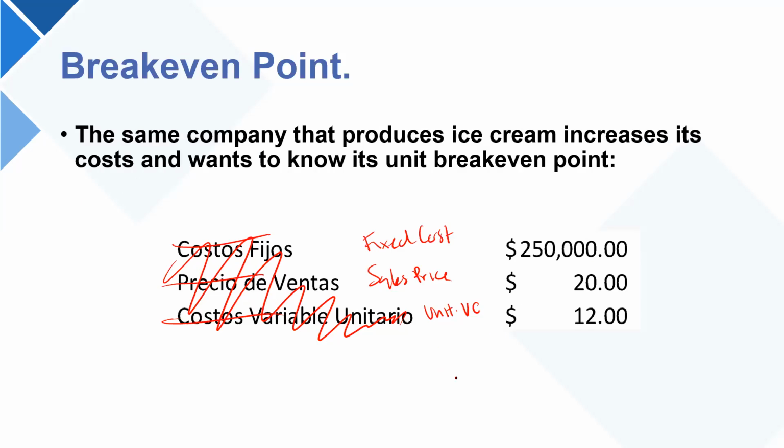Well, the unit contribution margin. Actually, let's do it like this. Unit contribution margin is the price minus the unit variable cost. Right? So that's 8. This is how much money you have to cover fixed cost per unit.